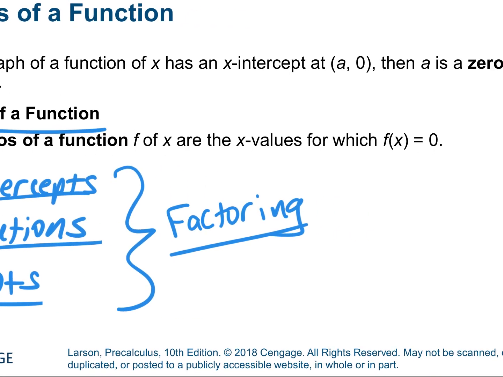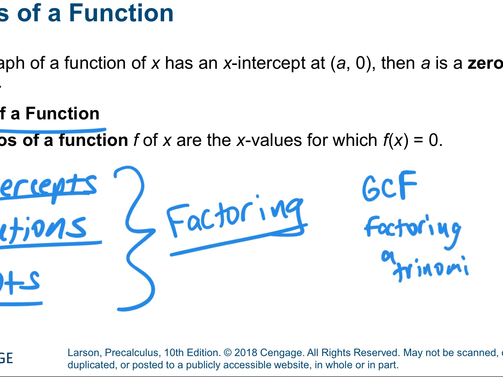You have to talk about GCF, factoring a trinomial where a is 1, where a is not 1, and grouping. When we group, you have 4 terms, right? And then sometimes factoring won't work, and we'll get to that later on in chapter 2, and we have different methods to use.